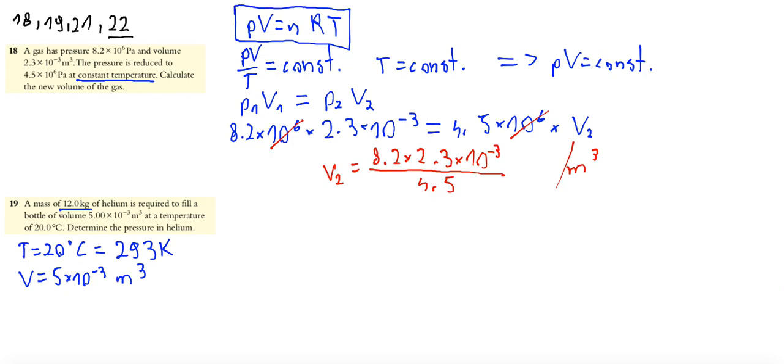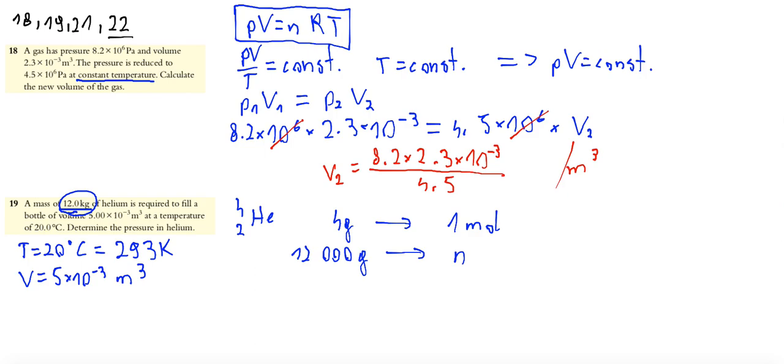So helium has a molar mass of 4, we did this, which means that 4 grams of helium is 1 mole. Okay, so 12 kilograms is 12,000 grams, so you can use simple proportion to find how many moles are needed.